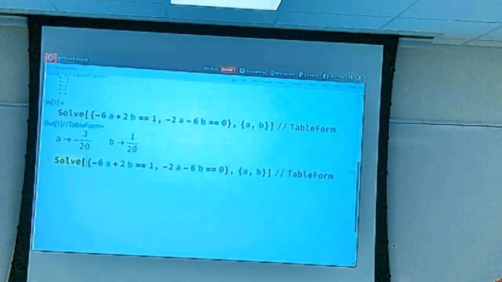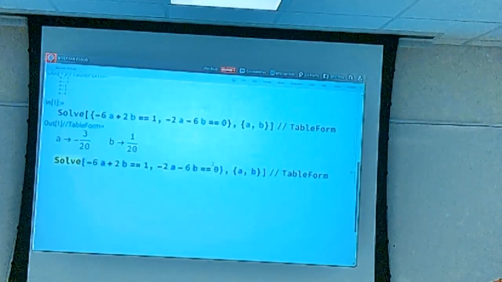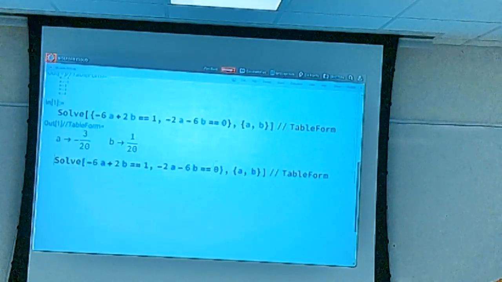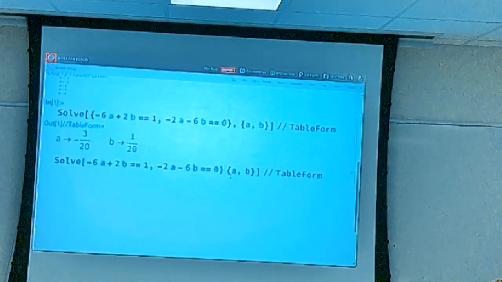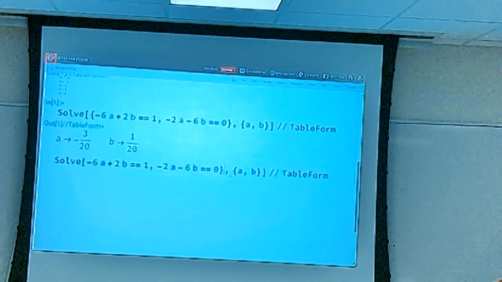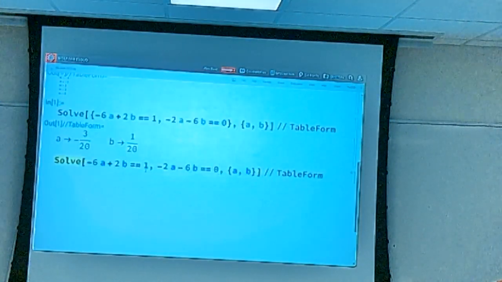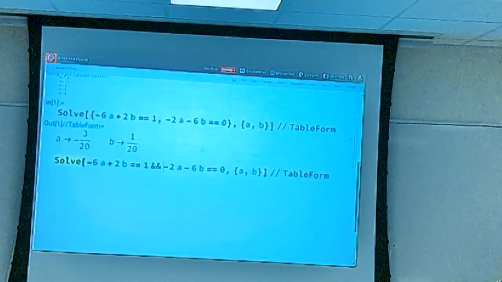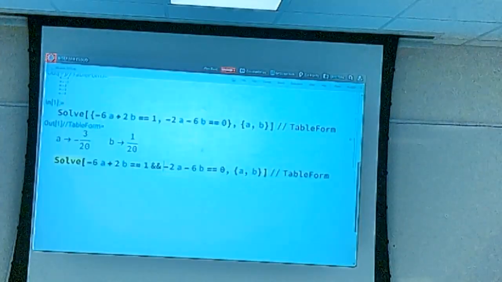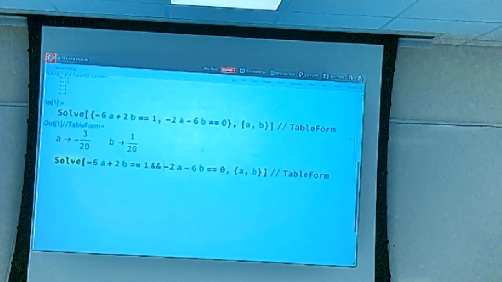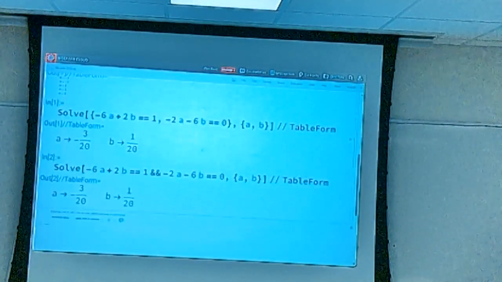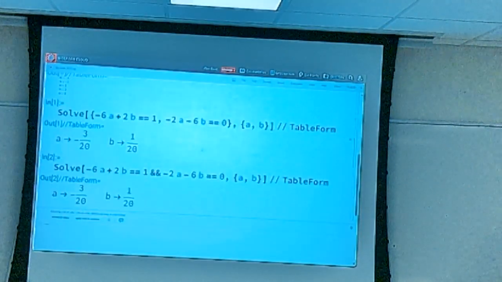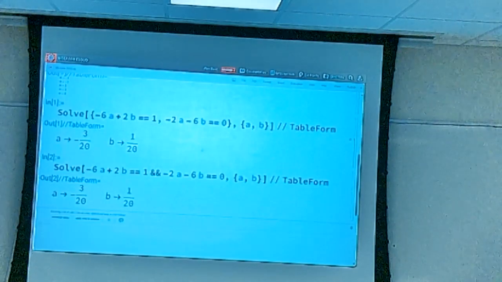The other way you can do it is instead of putting the two equations in braces and separating with a comma, just separating with a double ampersand. Either method works. So it's just whichever way you prefer typing it in.